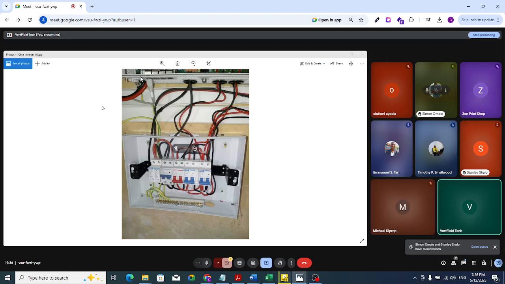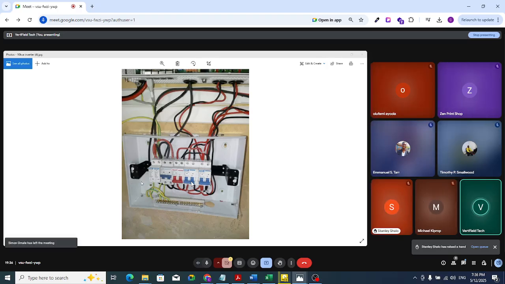From my screen, I can see that this earthing system means that the solar inverter is also earthed. But knowing how best to carry out these things is the reason why you are here.